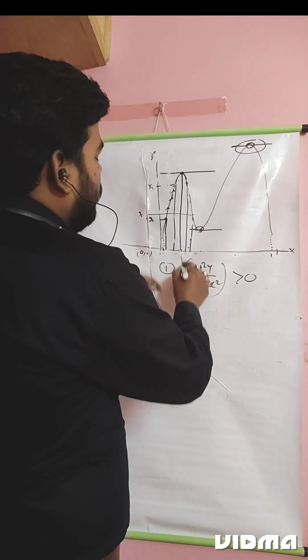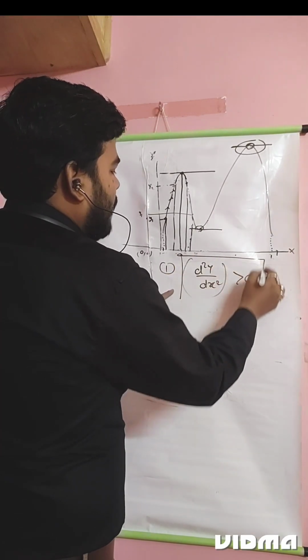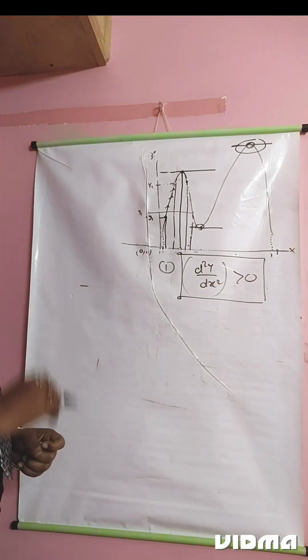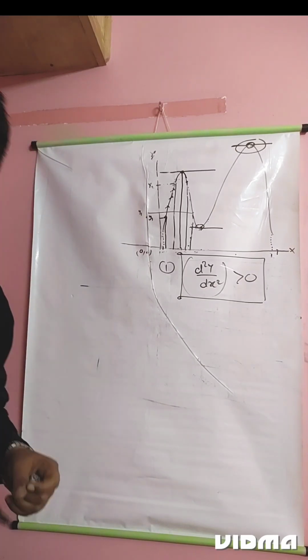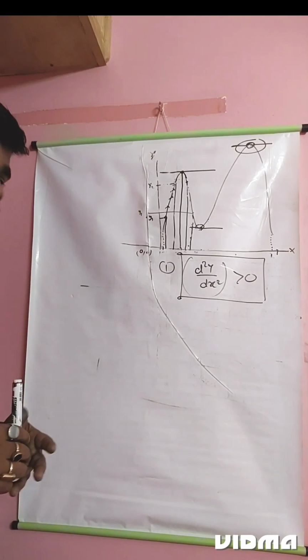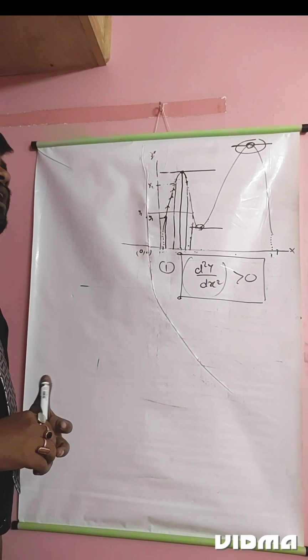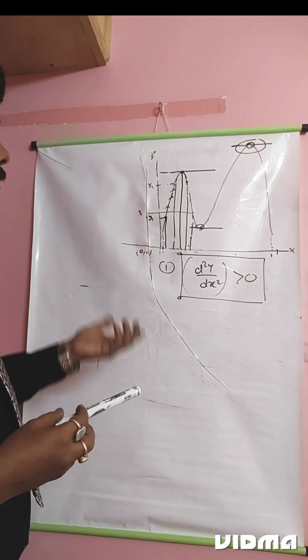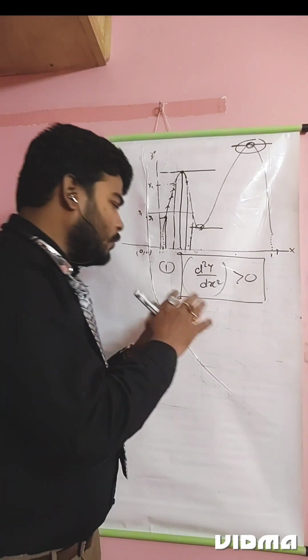Before understanding it, we have to understand the concept of concave up and concave down. So we will start with what concave up and concave down are. Listen, there are two things.